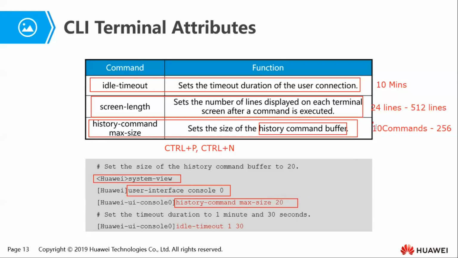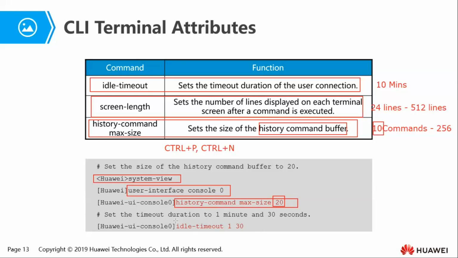The default is 10, so we want to extend it to 20. The command is history-command max-size, then a space, then the value.